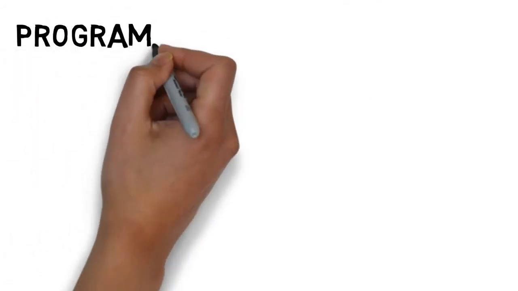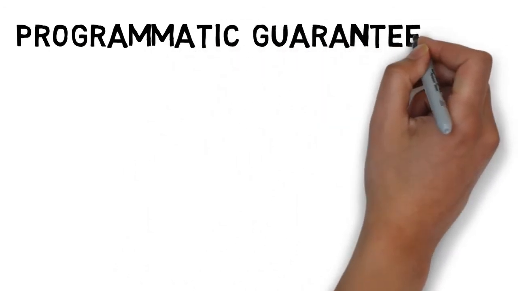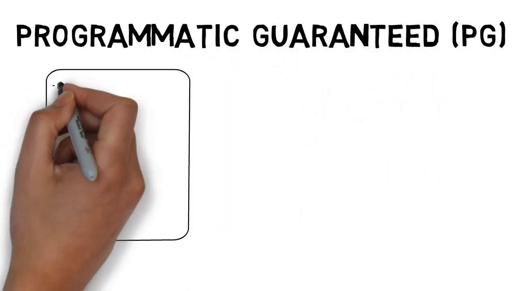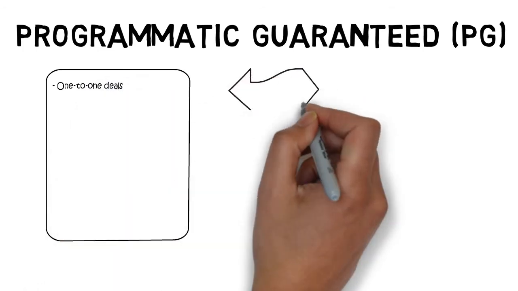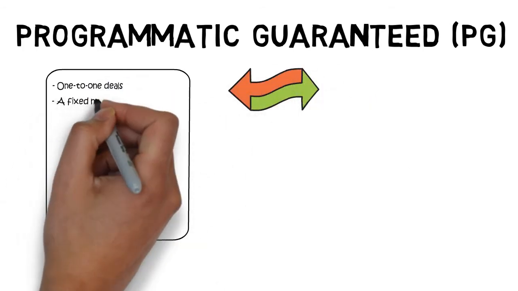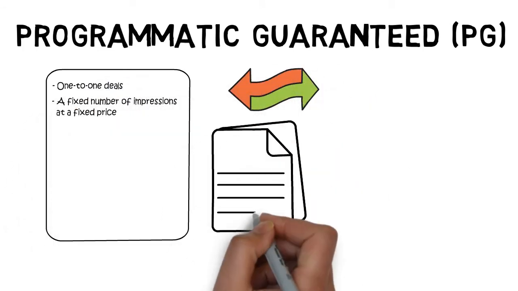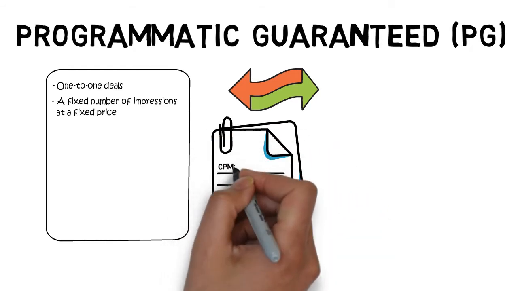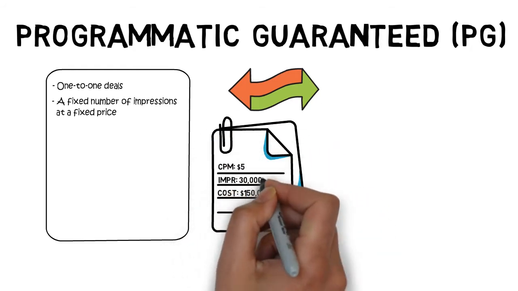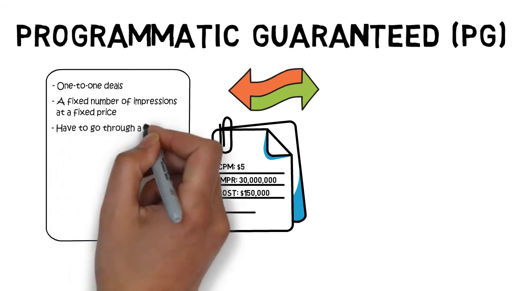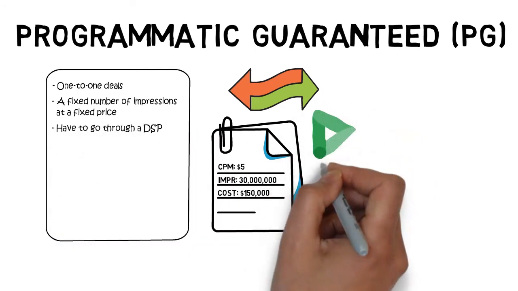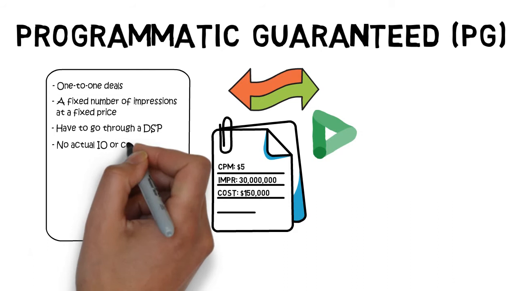Programmatic Guarantee (PG) deals. PG deals are one-to-one deals and very similar to direct partnership, where both advertisers and publishers agree on a fixed number of impressions at a fixed price. Instead of buying directly with the publishers, PG deals have to go through a DSP.